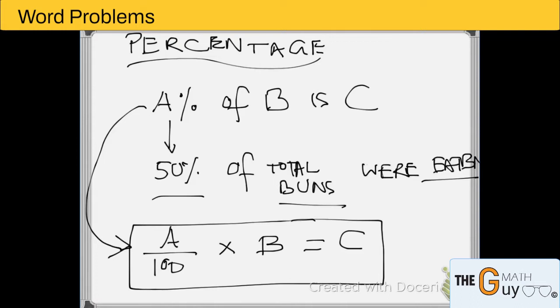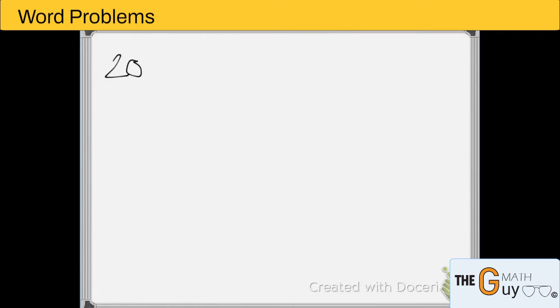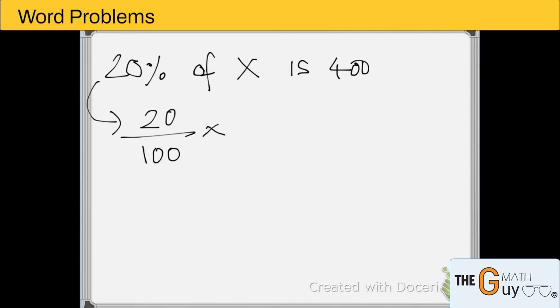Either you have A and C and calculate B, or B and C and calculate A, or A and B and calculate C. For example, if I say 20% of X is 400, you convert this into that formula: 20 over 100 times X is equal to 400, and solve for X.